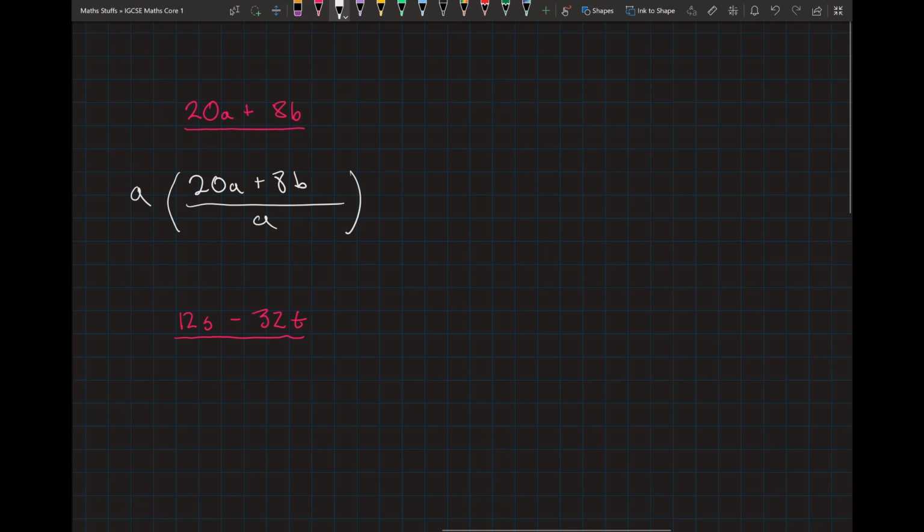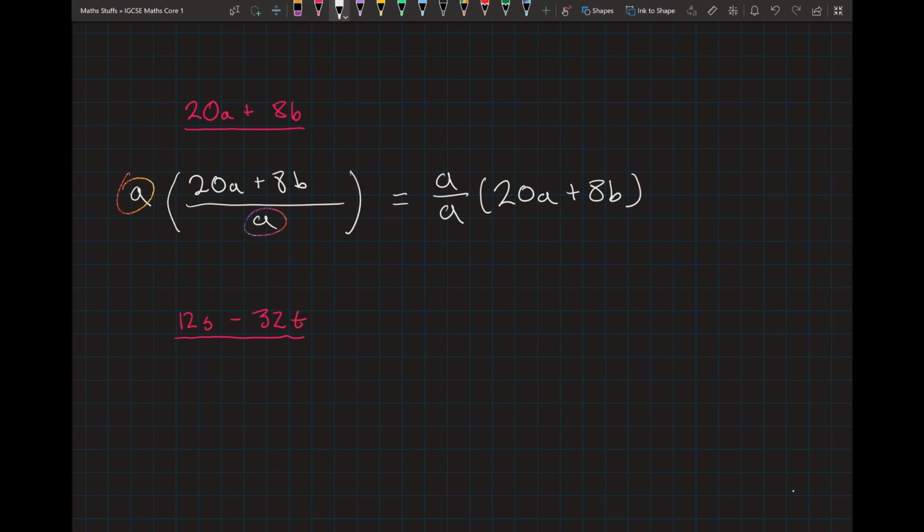You see this a here and this a here. This is the same thing as if we did this. Watch what I'm going to do here. So we've got, this is the same thing, or it equals a over a times 20a plus 8b.